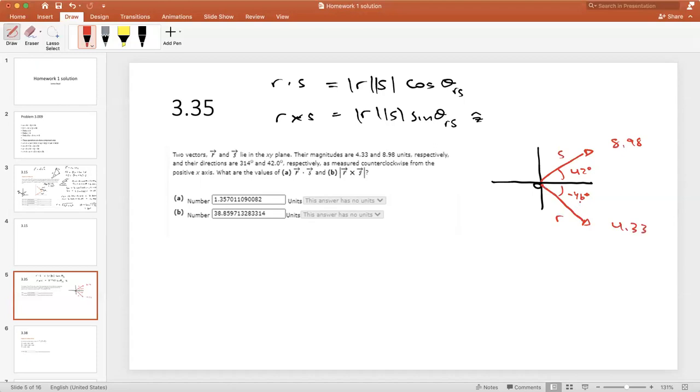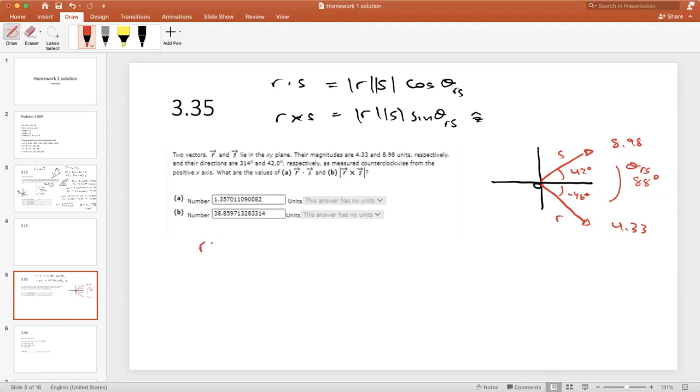Now, the angle between them. For the dot product it doesn't matter, but for the cross product we're going R to S. We just need the total angle, forget about the negative sign. So the angle from the vector R to S would be 88 degrees. This is the angle RS, 88. And from there, this is simple.